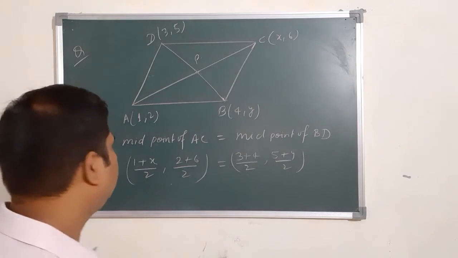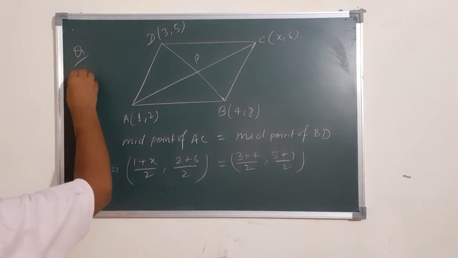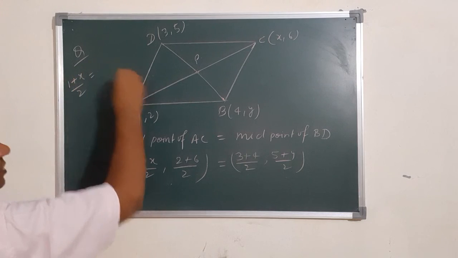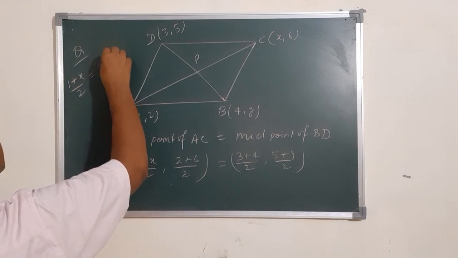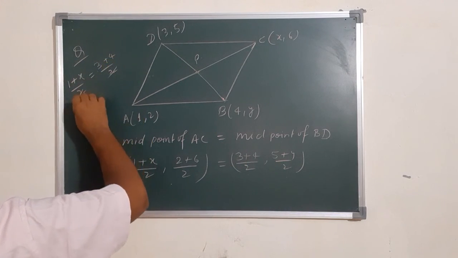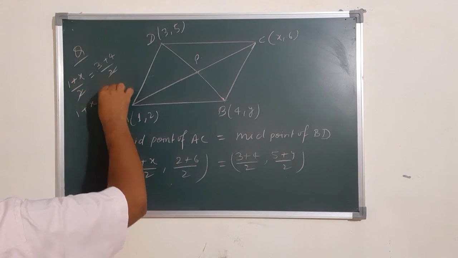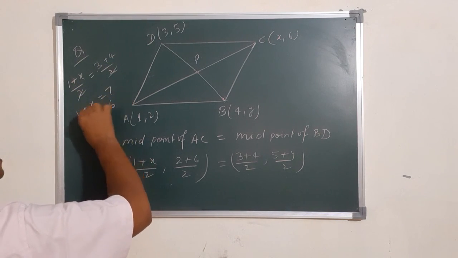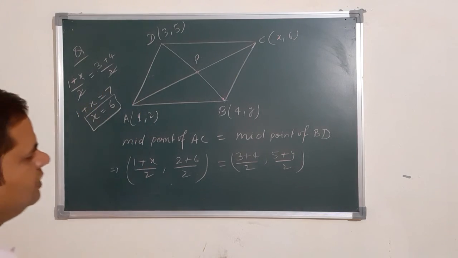Comparing the coordinates, (1 + x)/2 equals (3 + 4)/2. 2 cancels. 1 + x is equal to 7. So simply x is 6.